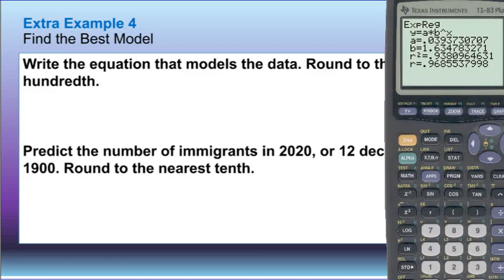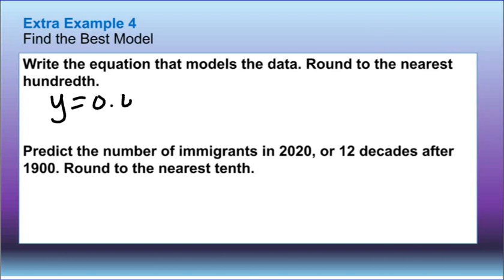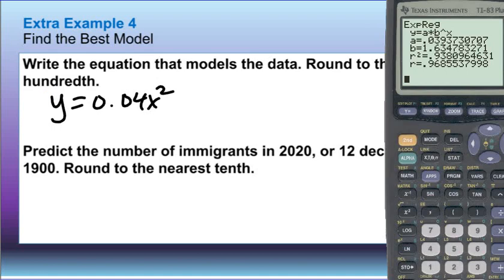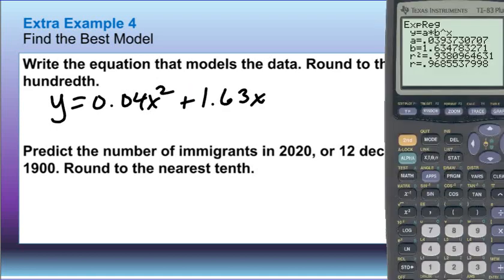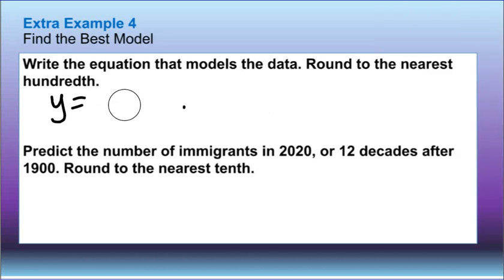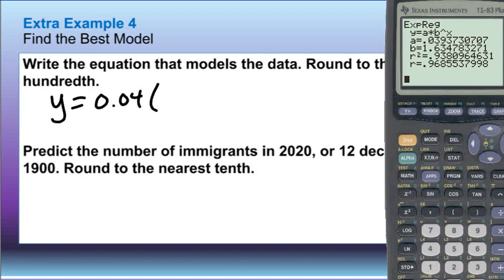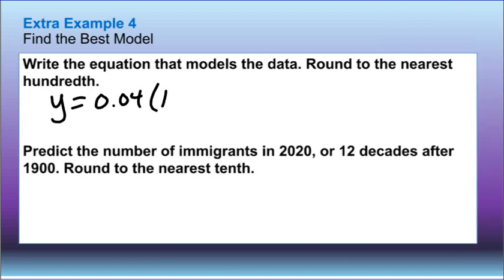Equation here to the nearest hundredths of 2 decimal places, this would be y equals 0.04 x squared plus 1.63 x, and actually, this was exponential, so our a was 0.04 times my b, which was 1.63 raised to the x power.